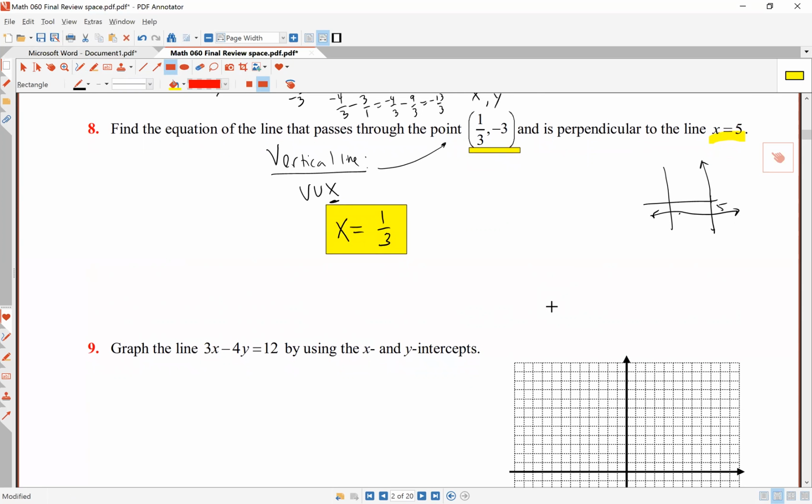But if the problem had said be parallel to the line x equal to 5, oh, I just messed that up, didn't I? Sure did. We want it to be perpendicular to the line x equal to 5. Our line is going to be horizontal, so it needs to be y equals.